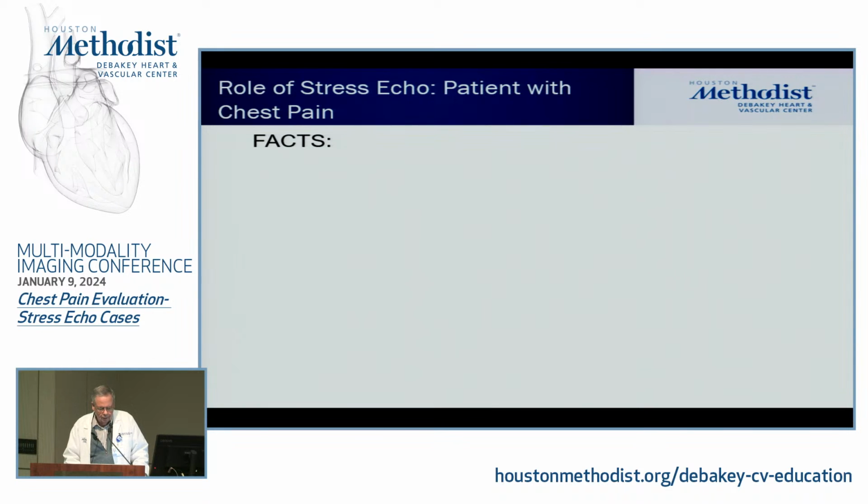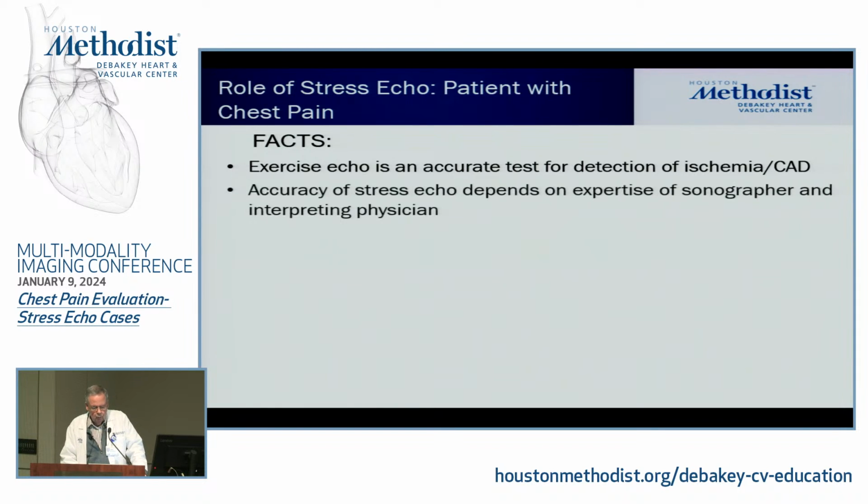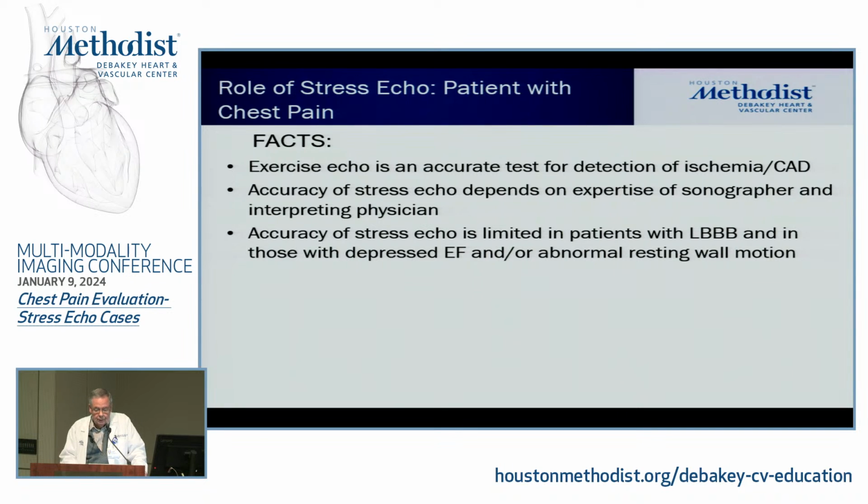So some facts about stress echo. First of all, exercise echo is an accurate test for detection of ischemia and CAD, very well shown. Its accuracy depends on expertise, both of sonographers and the echocardiographers. Accuracy is limited in patients with left bundle, just as it is with nuclear.